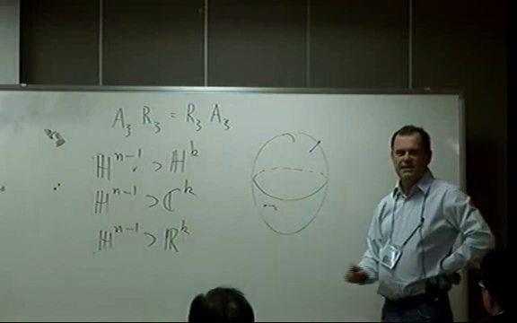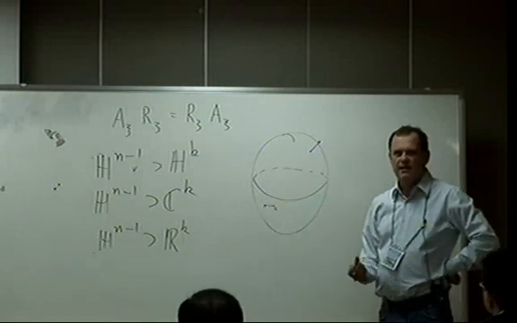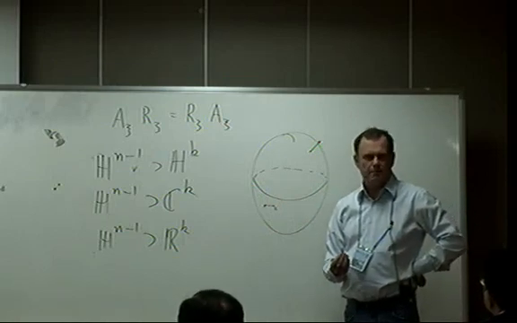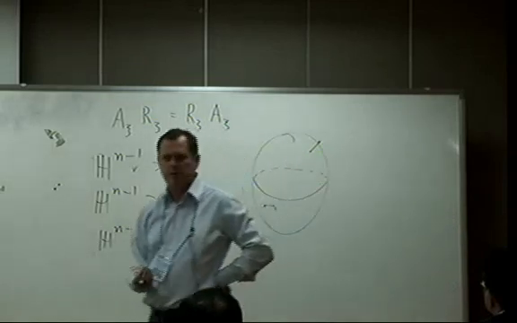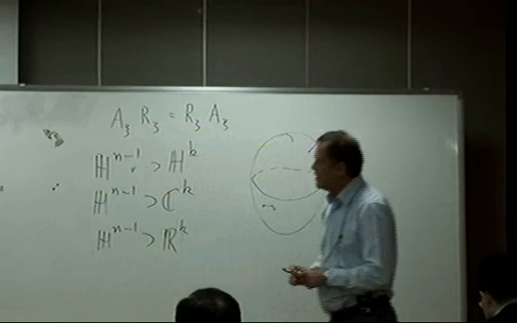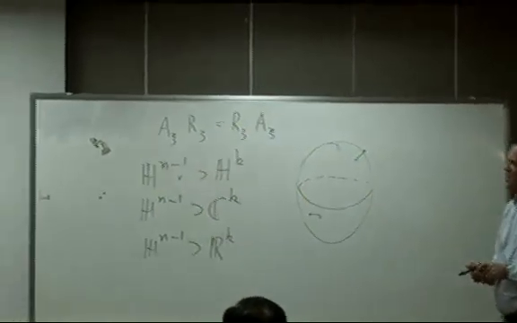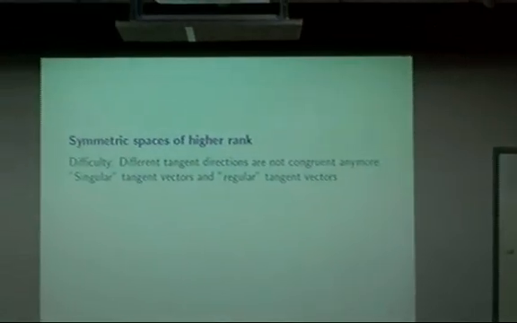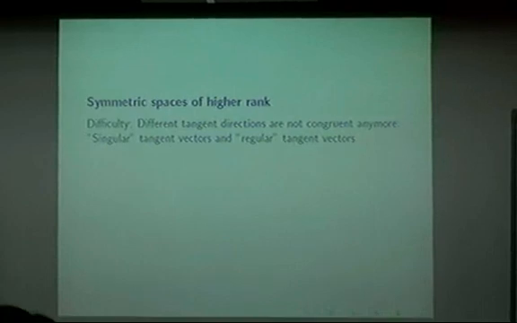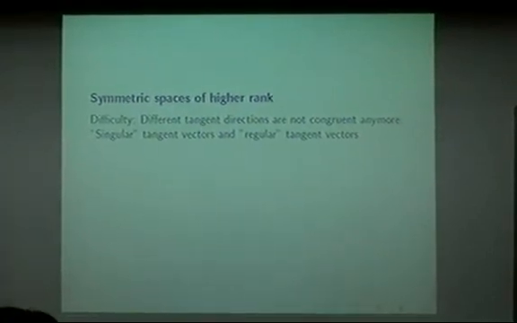And that makes it more complicated in Grassmannians or in general in symmetric spaces of higher rank. So one loses this nice geometric property. And the tangent vectors, when we are in higher rank, some of them are what is called singular, and most of them are what is called regular.